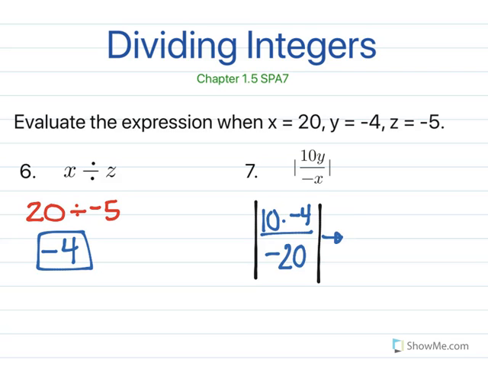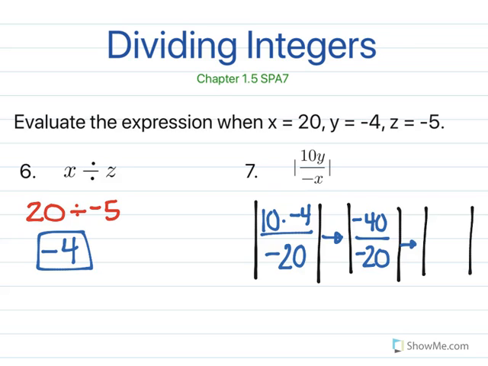And then, again, the absolute value signs are still there. 10 times negative 4 is negative 40. And it's divided by negative 20. So again, our answer of negative 40 divided by negative 20 is 2. And the absolute value of 2, which means how far 2 is from 0, is just simply 2. So our final answer is 2.